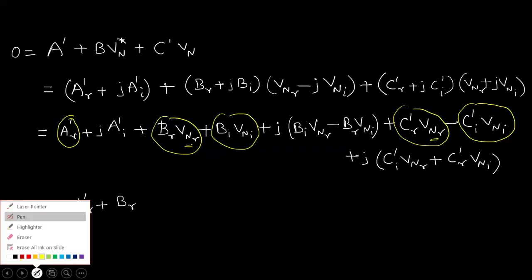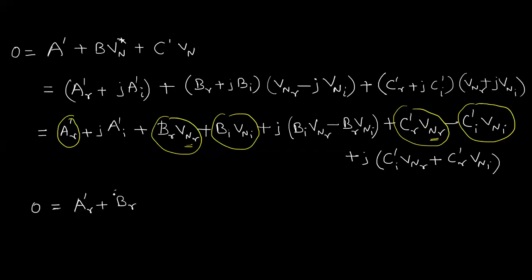And I can simply write it as (BR plus C dash R) multiplied by VnR plus BI, right, minus C dash I times Vn imaginary. So this is the real equation.